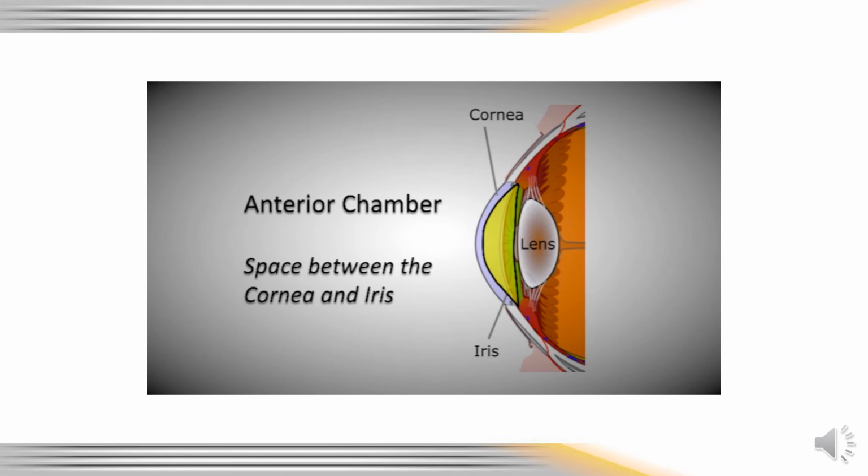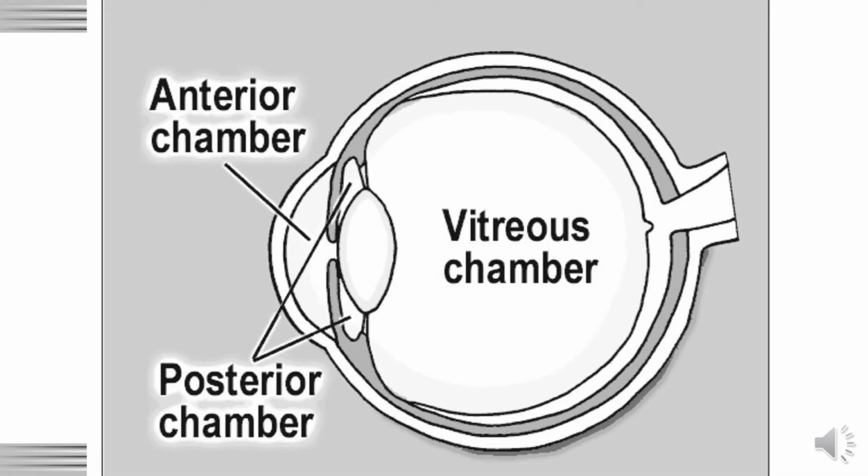We have two chambers in the anterior segment of the eye, the anterior and the posterior chambers. The anterior chamber is the space between the cornea anteriorly and the iris and the pupil posteriorly. The posterior chamber is the space between the iris anteriorly and the crystalline lens posteriorly.